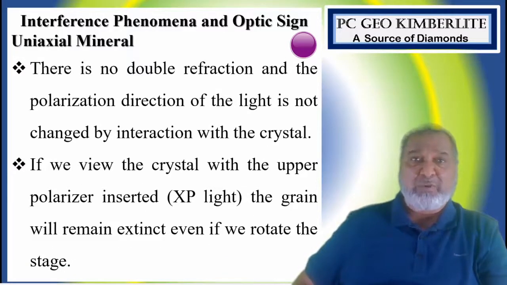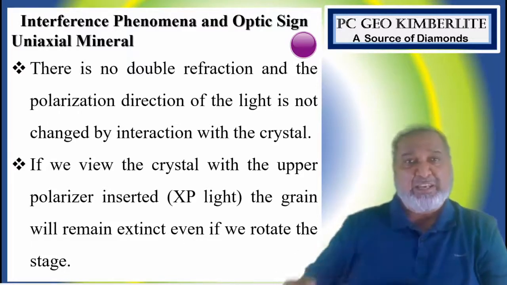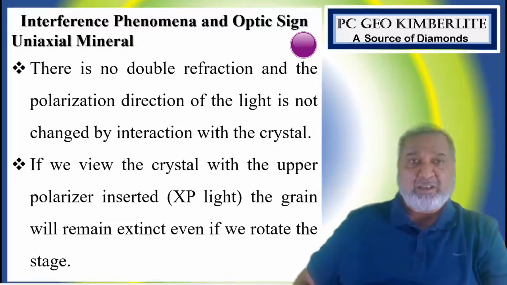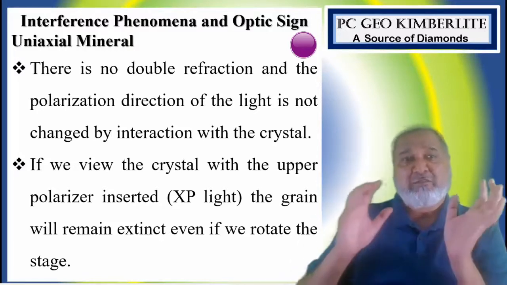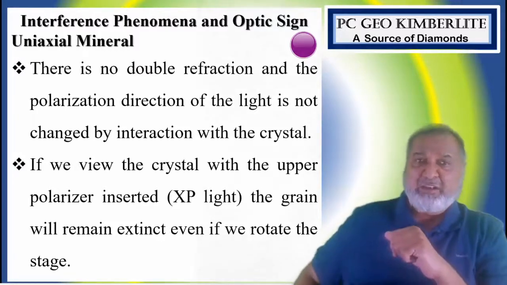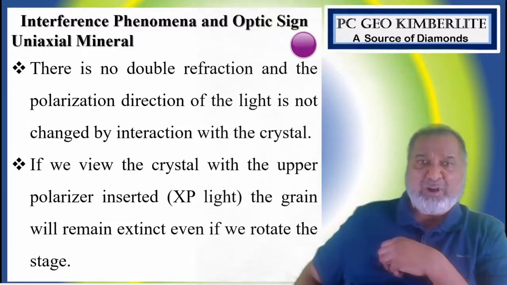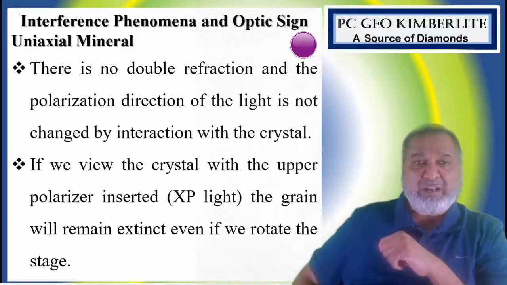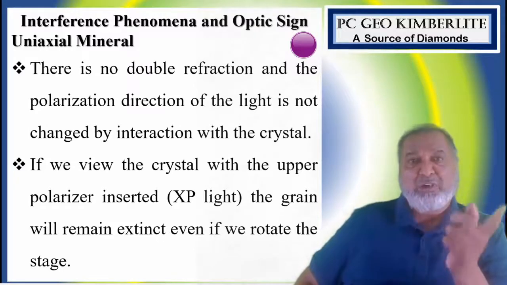There is no double refraction and the polarization direction of the light is not changed by interaction with the crystal. If we view the crystal with the upper polarizer inserted, in cross polarized light, the grain will remain extinct throughout the rotation.